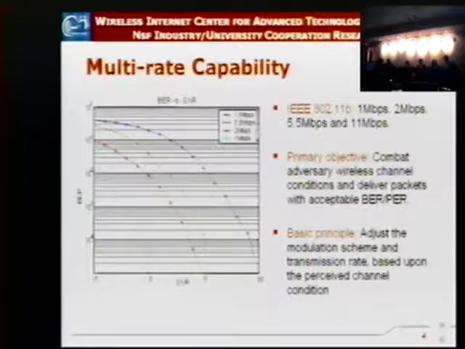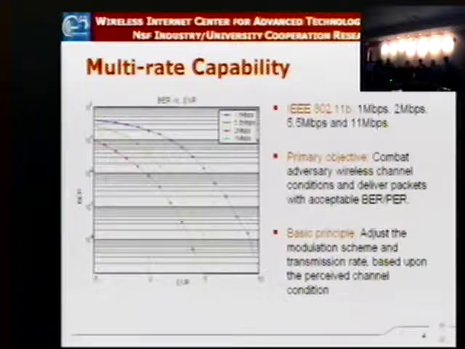On the other hand, one other characteristic of the wireless environment is that the quality of the channel changes depending on the position of a station or depending on the time or on the distance between the two stations. So these wireless networks have this multi-rate capability. 802.11b has these 4 rates, 1, 2, 5.5, and 11 megabits per second.